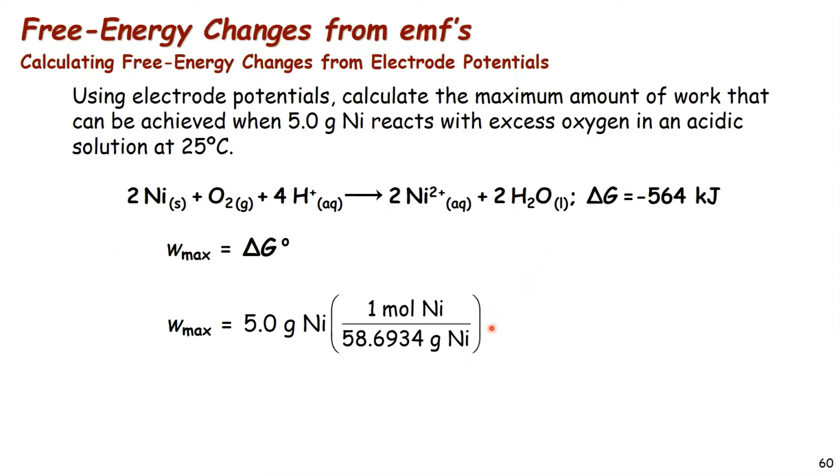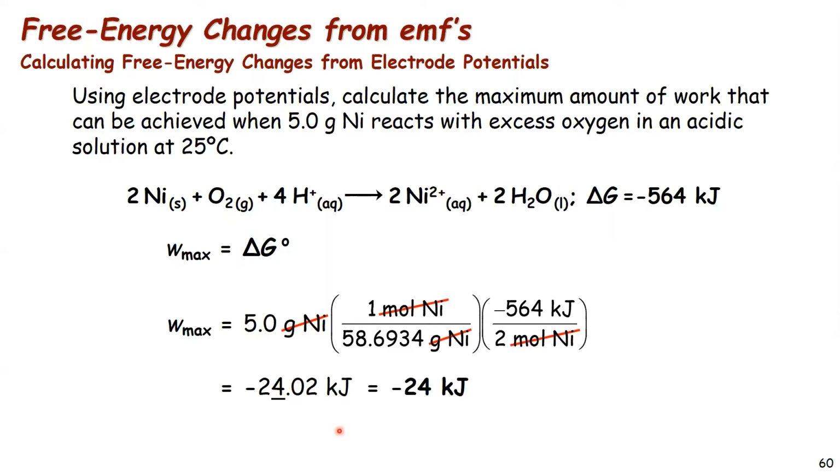So we'll divide that by the molar mass of nickel. The grams are going to cancel. I can see for every 2 moles of nickel consumed, 564 kilojoules of energy is released. So the moles of nickel cancel, and that gives us a value of negative 24 kilojoules. Okay, so that's the maximum work. So in other words, there's 24 kilojoules of energy available for work.